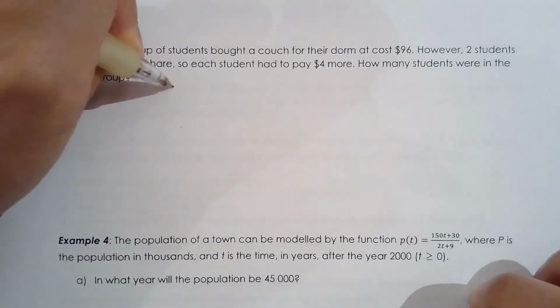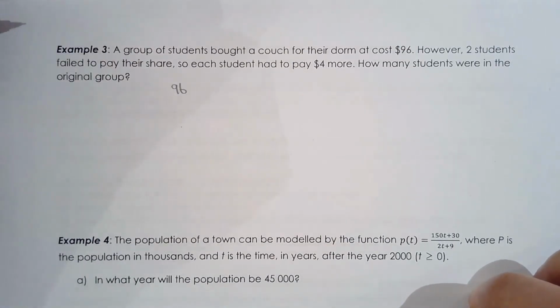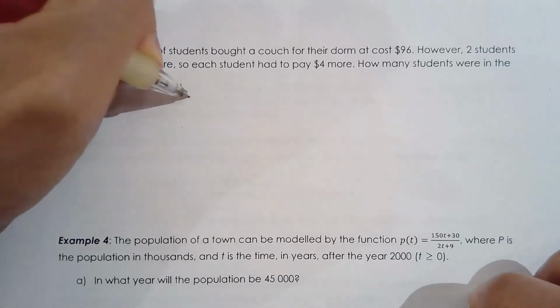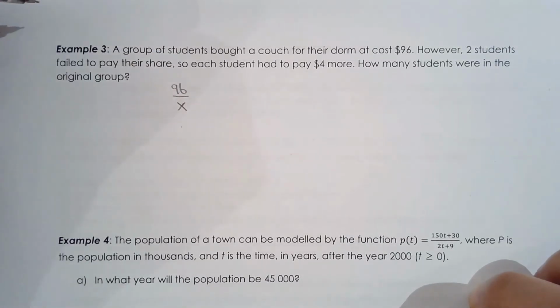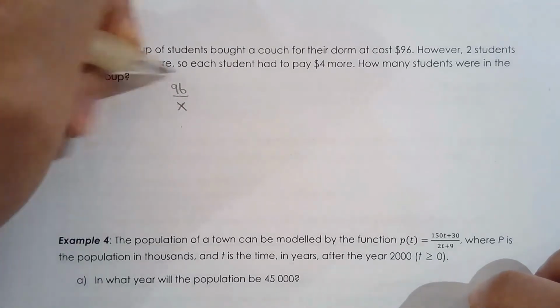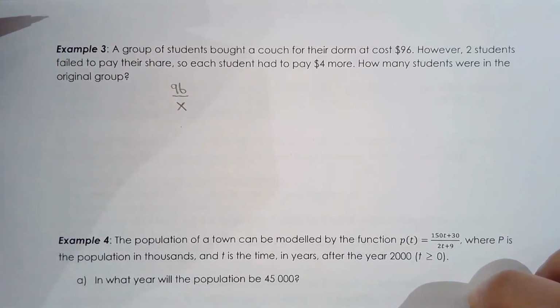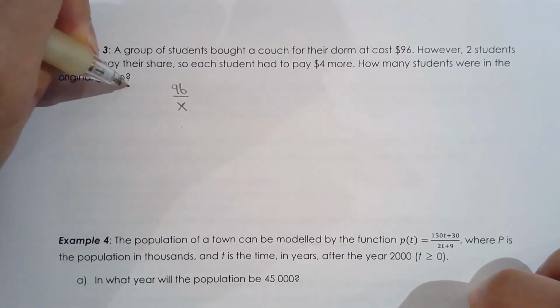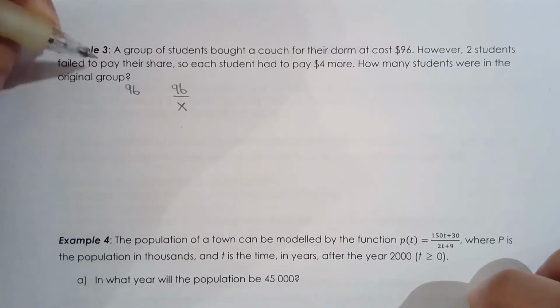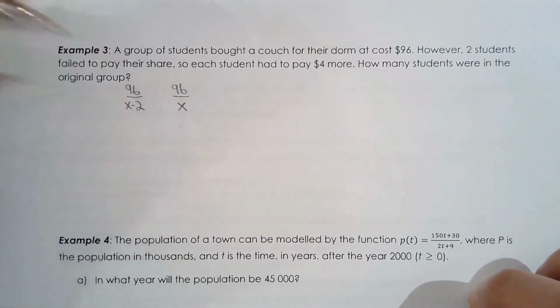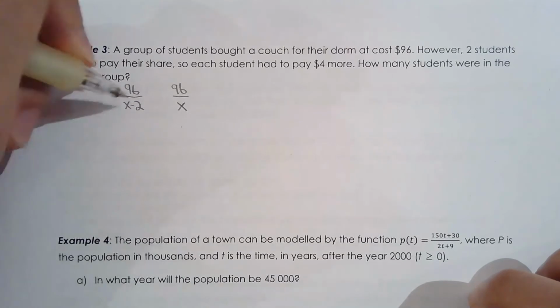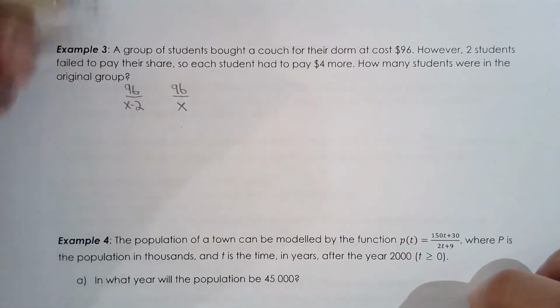Okay, so it costs $96, and you share it between X number of students. That was your intention at least. But unfortunately, 2 people backed out. So that means you're not going to share it between X number of students. You're actually going to share this cost of $96 with X minus 2 number of people.